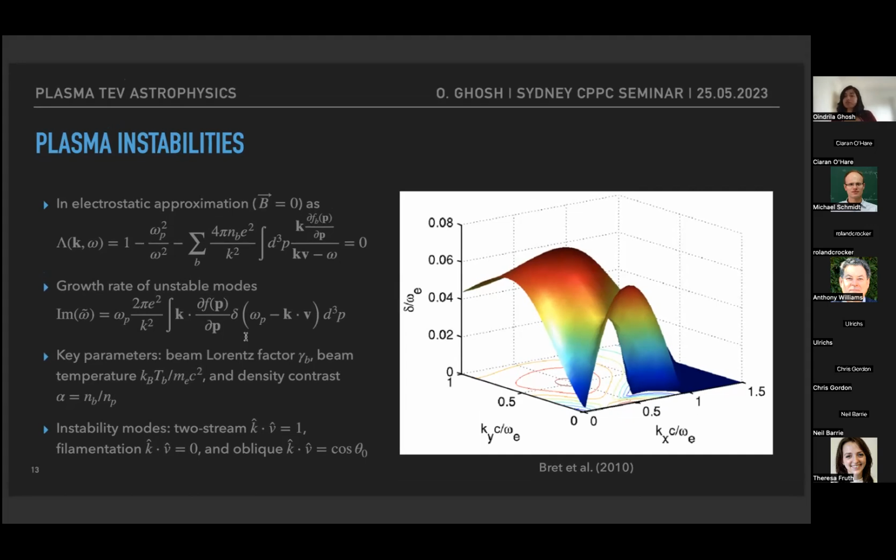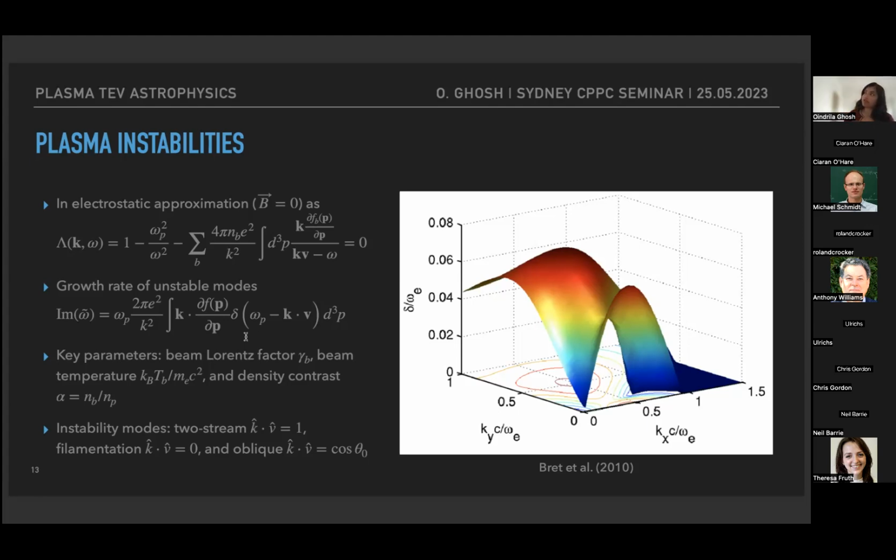The beam temperature, which is described by the momentum width of the beam, meaning the dispersion in the momentum in a direction that's perpendicular to the direction of propagation of the beam.